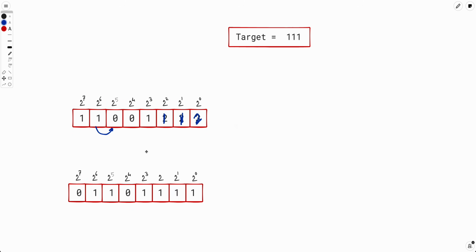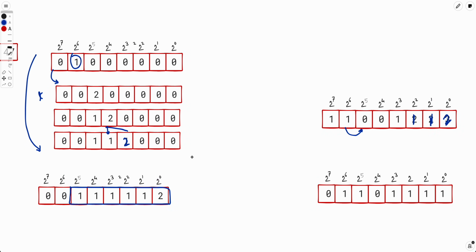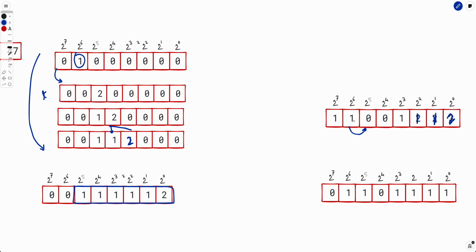I would encourage you to pause and try to think for a moment. So hope you thought about it. If you see, this 2 power 6 was capable of making everything here as 1, right? So with this 2 power 6 you will be able to fulfill your requirement of the right side.